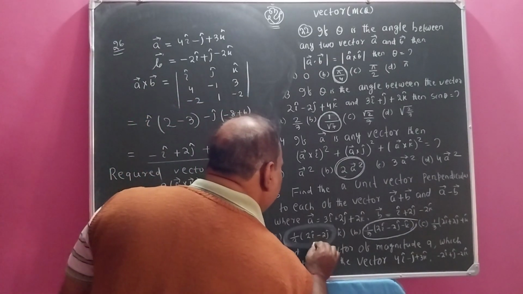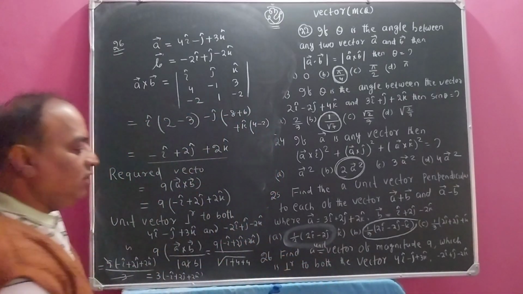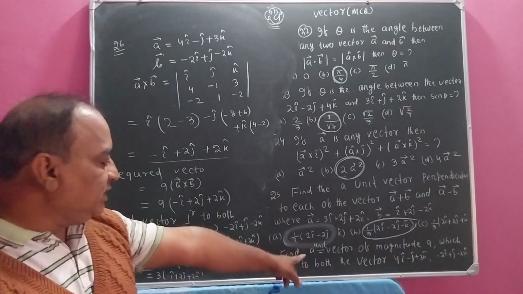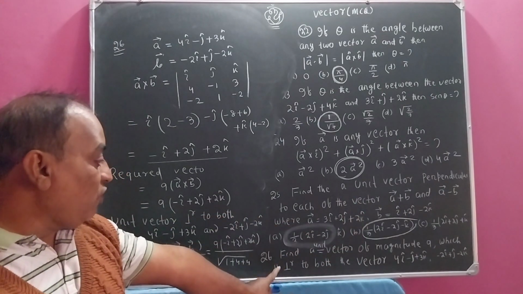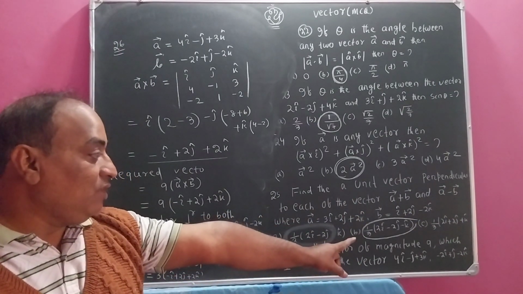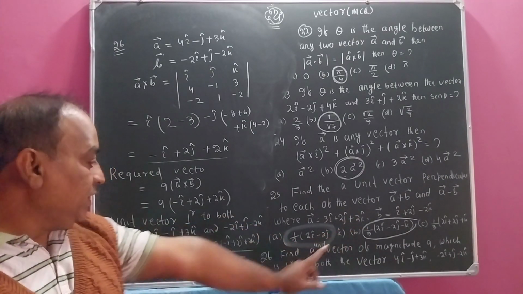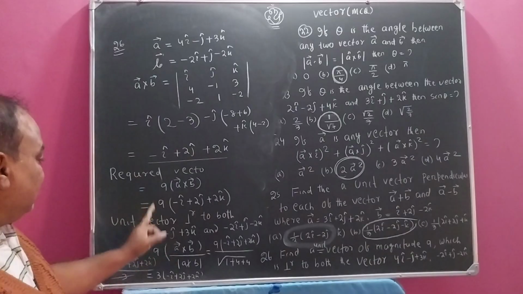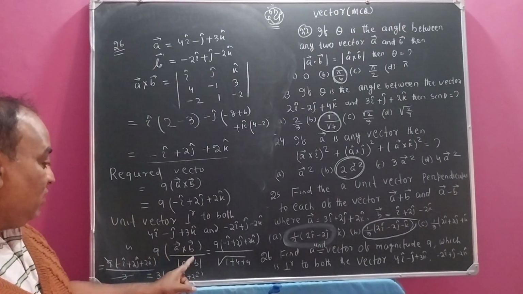Write down. Find a unit vector. Question is something wrong. So you have to clarify the question. Find a unit vector of magnitude 9 which is perpendicular to both the vector 4i cap minus j cap plus 3k cap and minus 2i cap plus j cap minus 2k. So the required answer is 9 of this A cross B divided by A cross B magnitude.